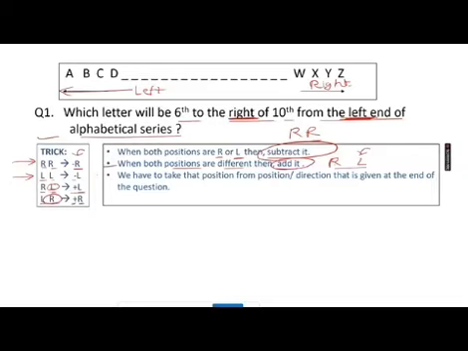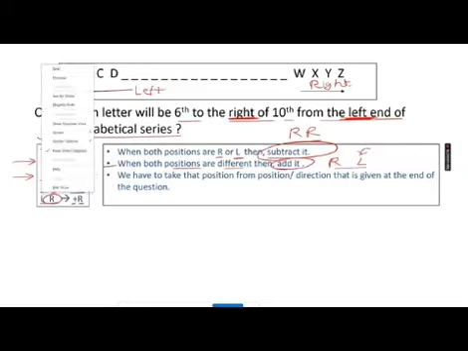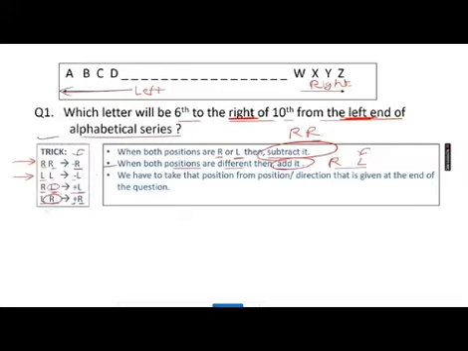For example, if the first direction given to you is right and the second direction given to you is left, your overall answer will be according to the last direction, that is the left, and in the opposite case according to the right, because it is the last direction given to you.